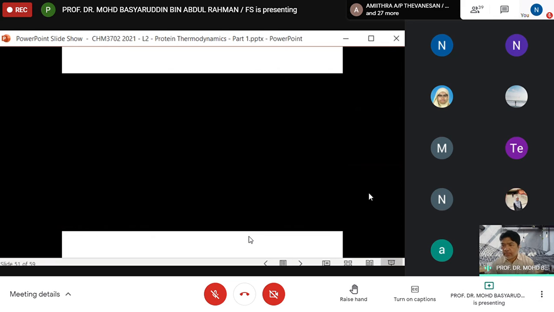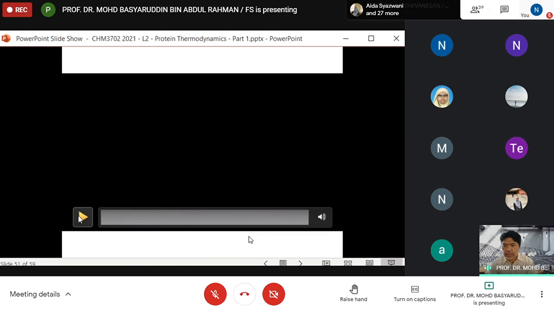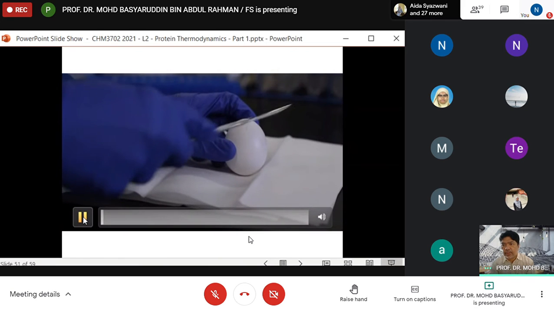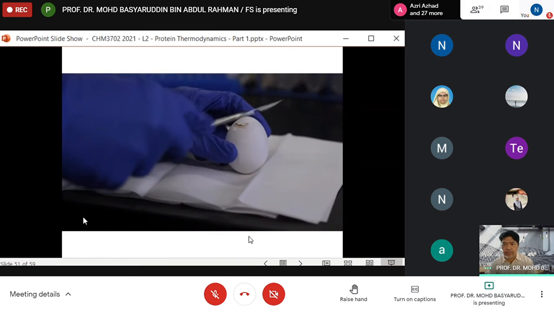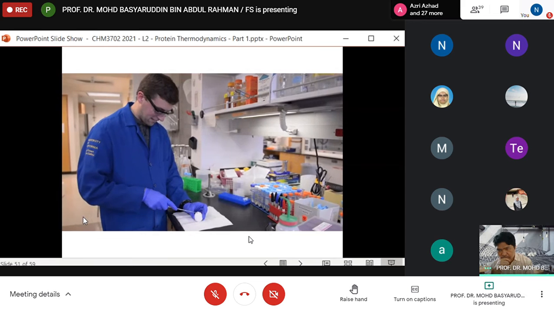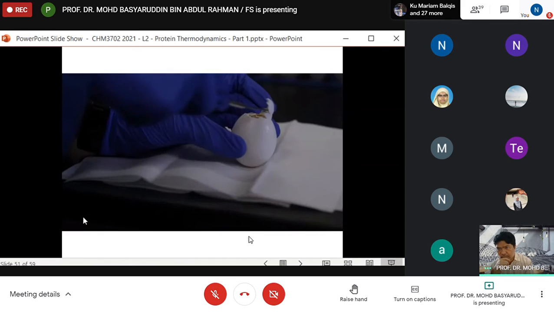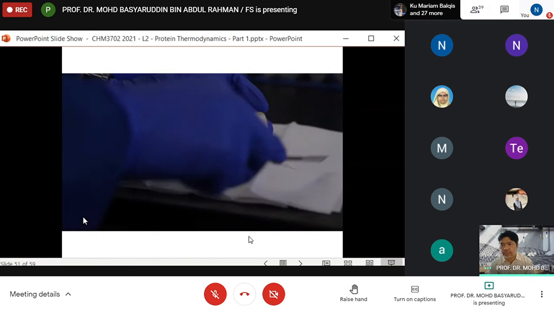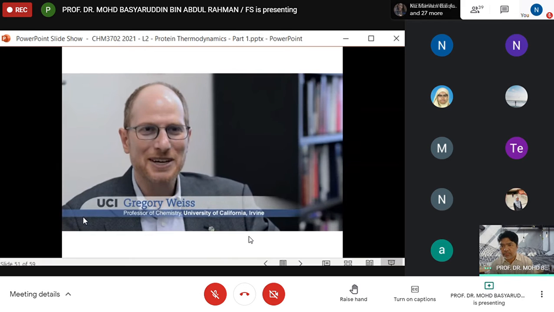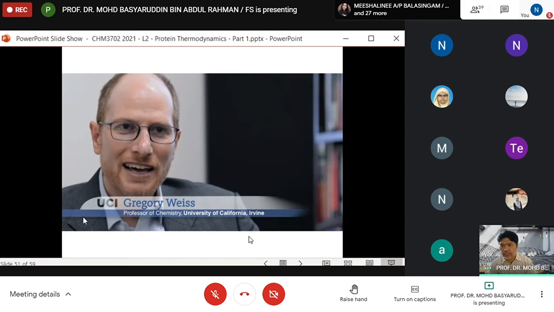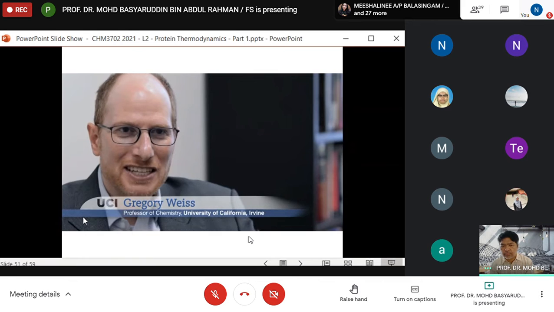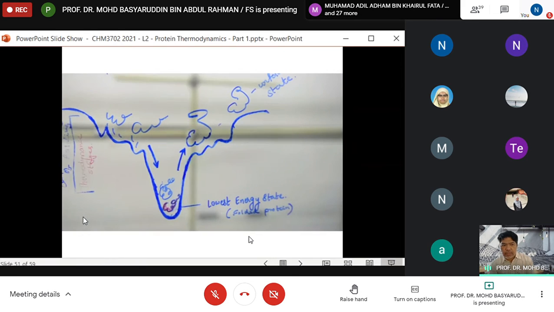So I hope that this one you can also hear, because this is actually the drive behind the research. They're using mechanical energy.